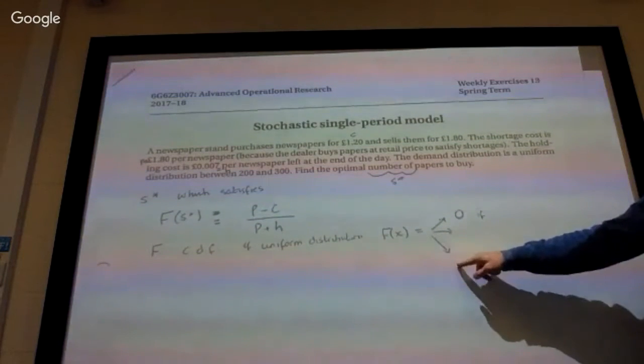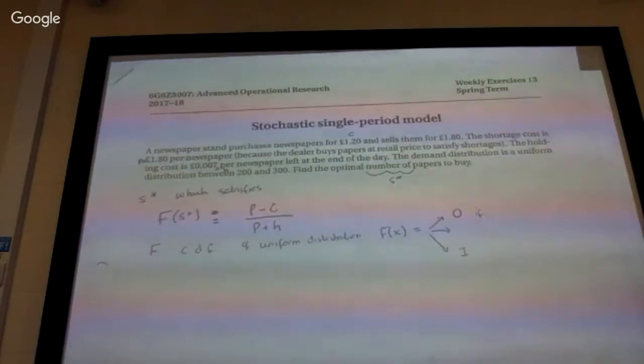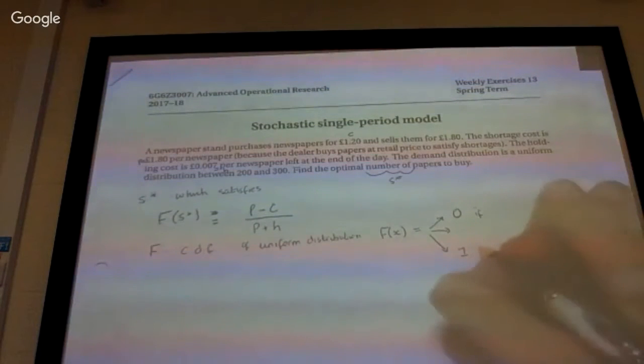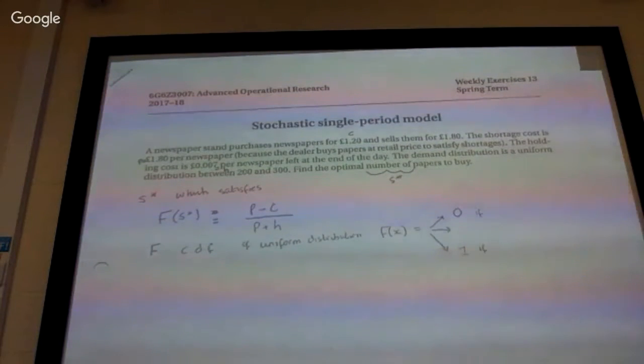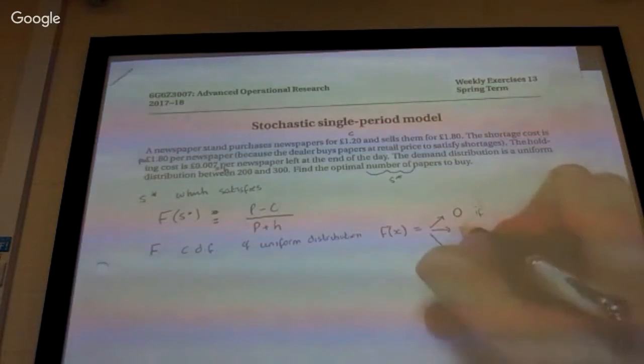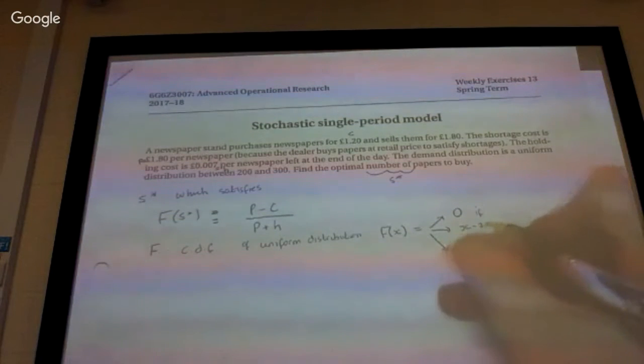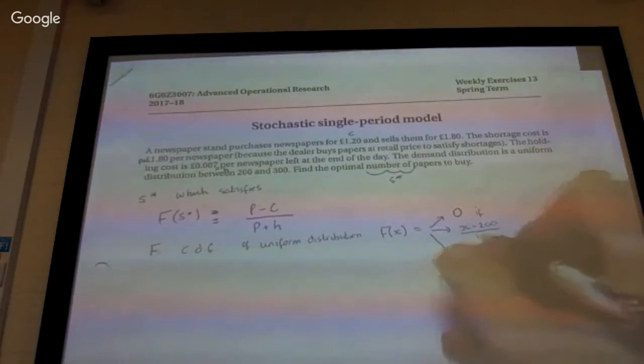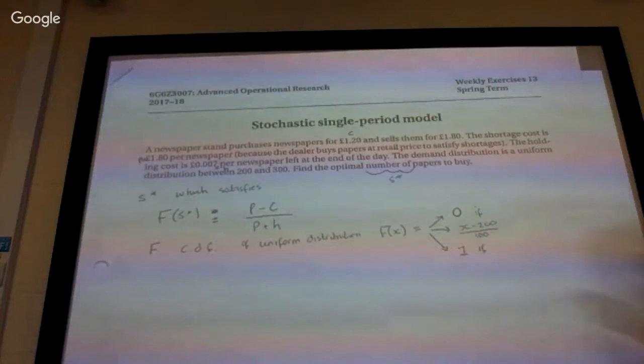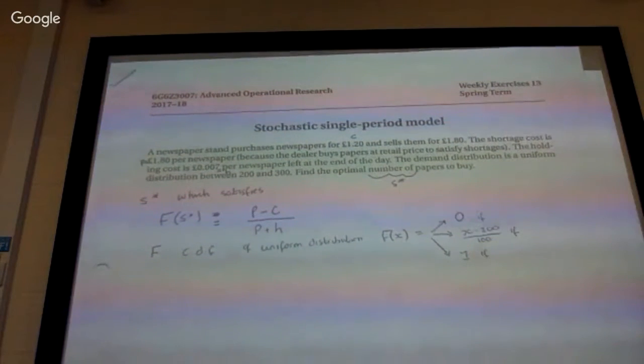The last one is 1 if X is above 300, and the middle one is a fraction, X minus 200 divided by 100, if X is between 200 and 300.